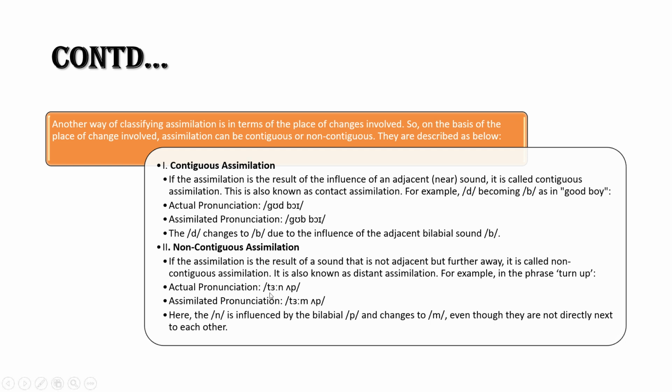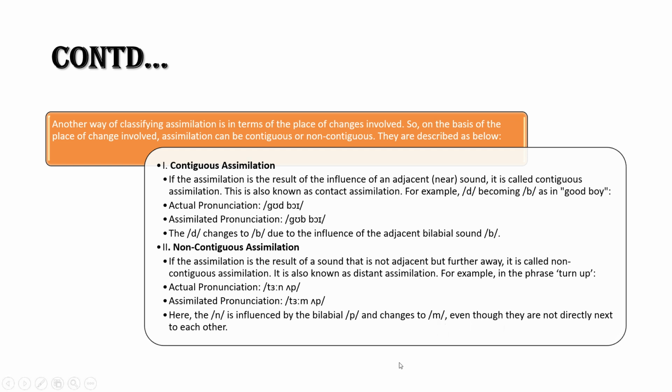So in this second example, turn up, which becomes turm up in connected speech, the no sound is influenced by the bilabial po and changes to mo. Even though they are not directly next to each other, because in between them there is another sound, that is the vowel sound o, this type of assimilation is called non-contiguous assimilation.